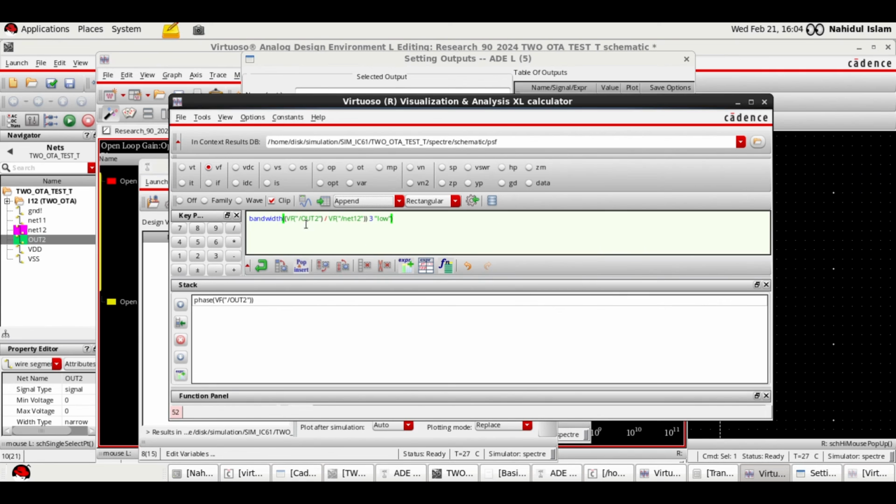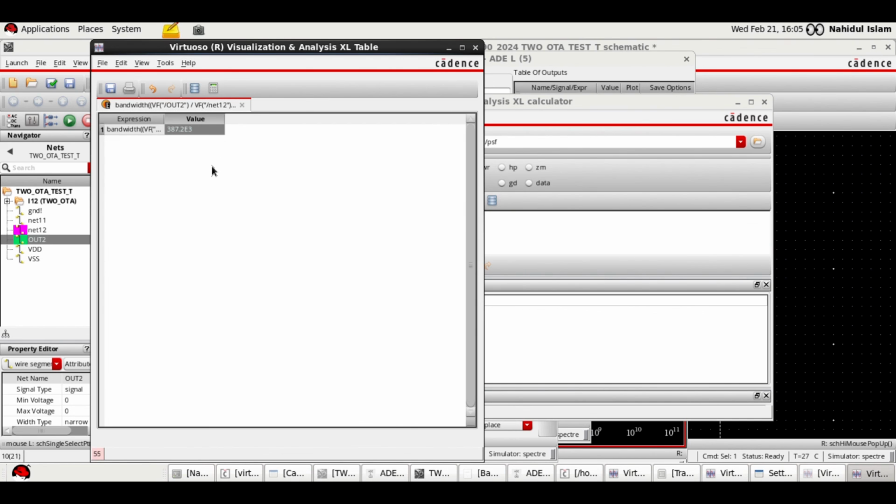First we have to choose the v out, then divide it by v in to measure the gain, and then we have to go 3 dB lower. This makes sense, as we have to get below the highest gain, and then we can get the 3 dB point.